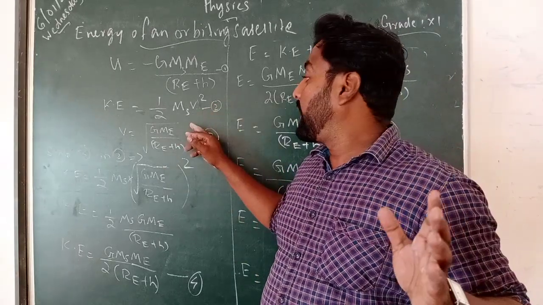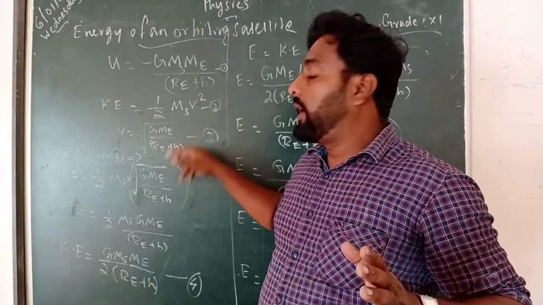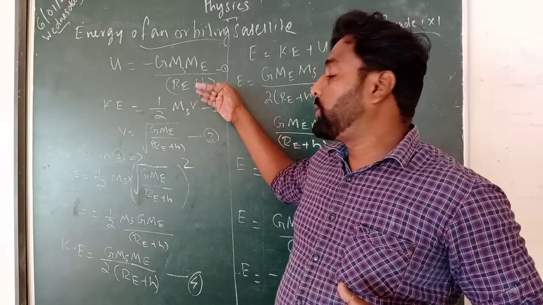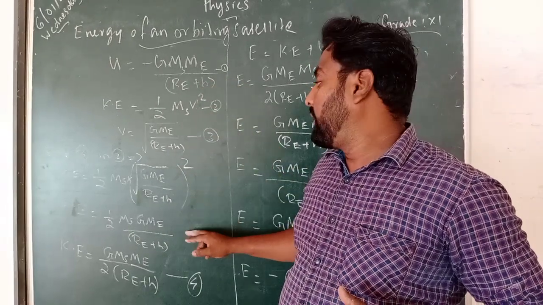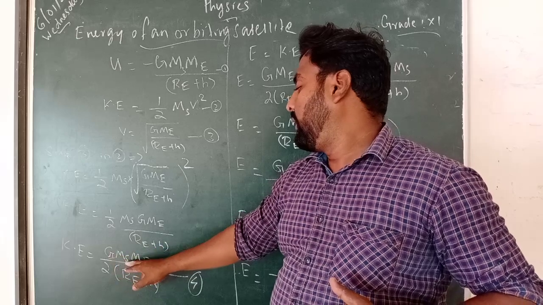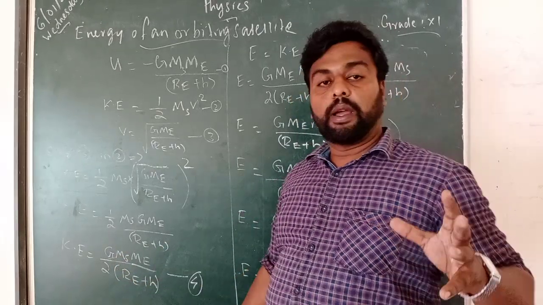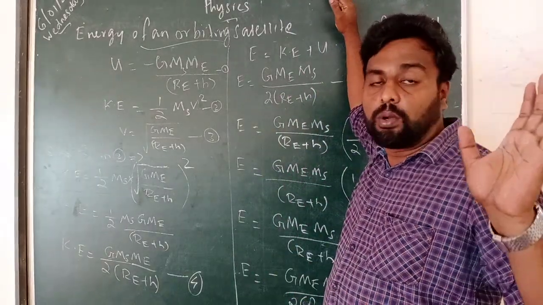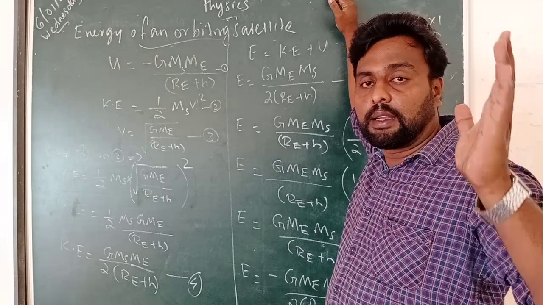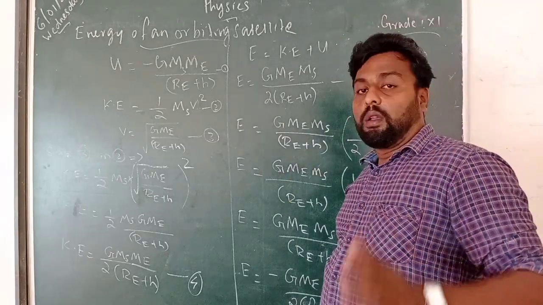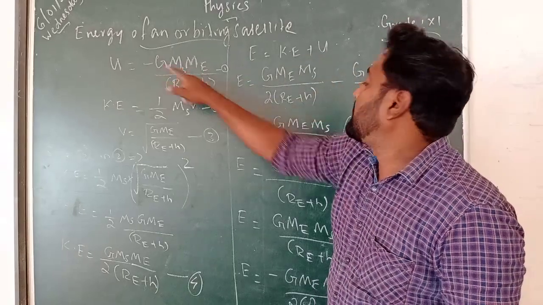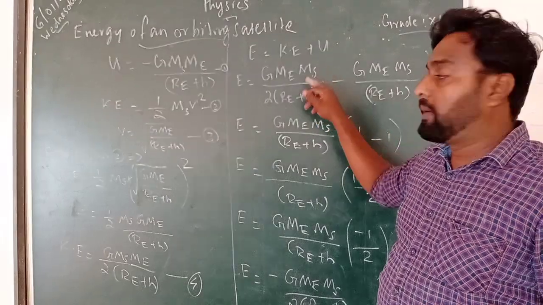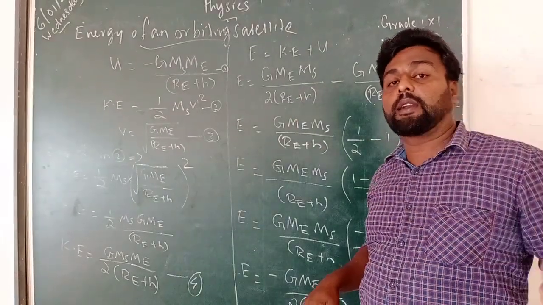For kinetic energy we substitute the orbital speed, root GME by RE plus H, and we get G MS ME by 2 into RE plus H. Now finding the total energy, adding kinetic energy and gravitational potential energy, the minus comes, and G ME MS by RE plus H is common, taken outside.